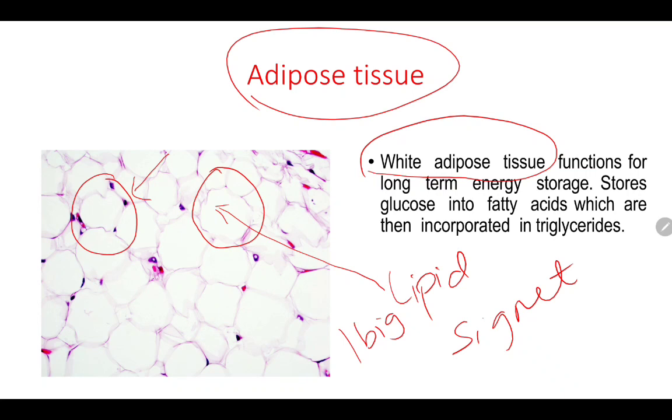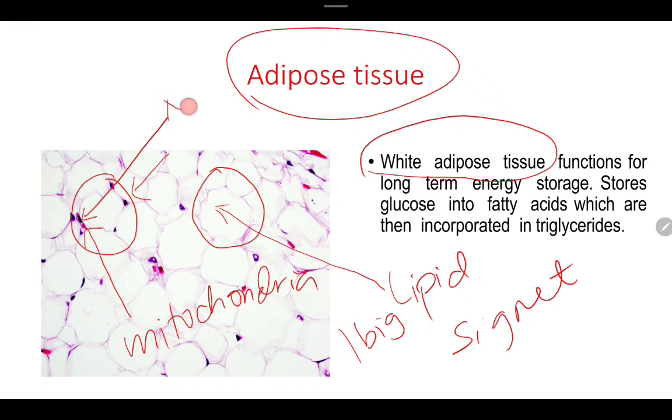Itong pula dito, that is a mitochondria. So it means your white adipose tissue also has mitochondria, hindi nga lang ganun kadami compared sa brown adipose tissue. And itong blue naman dyan, this one is a nucleus.